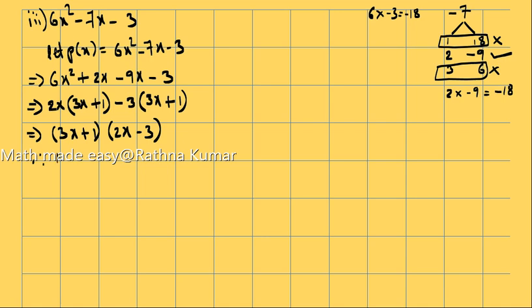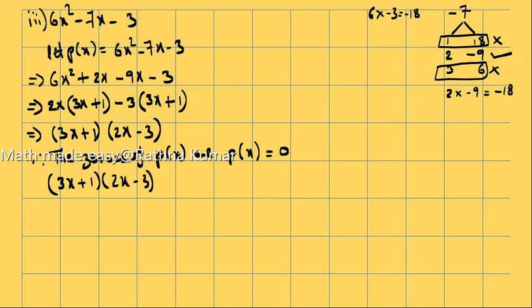So therefore the zeros of p(x) are given by p(x) = 0. So that means (3x + 1)(2x - 3) = 0. Product of these two equal to 0 means one of these should be equal to 0. That means 3x + 1 = 0 or 2x - 3 = 0.